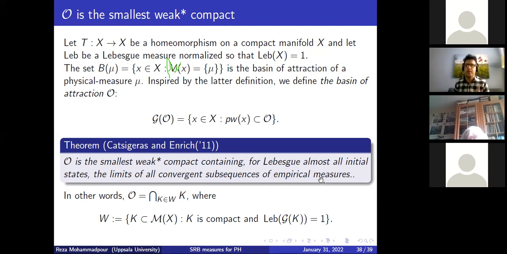What does this theorem mean? The theorem says that O equals the intersection of all K, where K belongs to W, where W is the set of compact subsets of the space of Borel probabilities such that the Lebesgue measure of the basin G_K is 1.